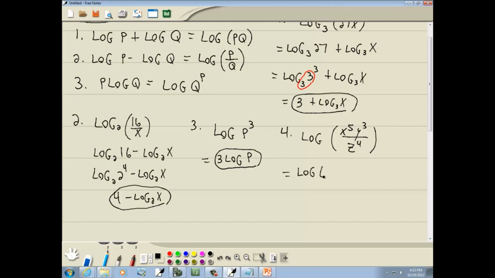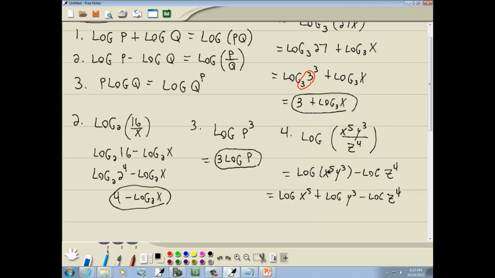So we're going to rewrite this as log of x to the 5th, y to the 3rd, minus log z to the 4th. Now look at my first parentheses here. The main thing happening in this is multiplication, x to the 5th times y to the 3rd. So from our first property, multiplication becomes addition. So we've got log x to the 5th plus log y to the 3rd minus log z to the 4th.